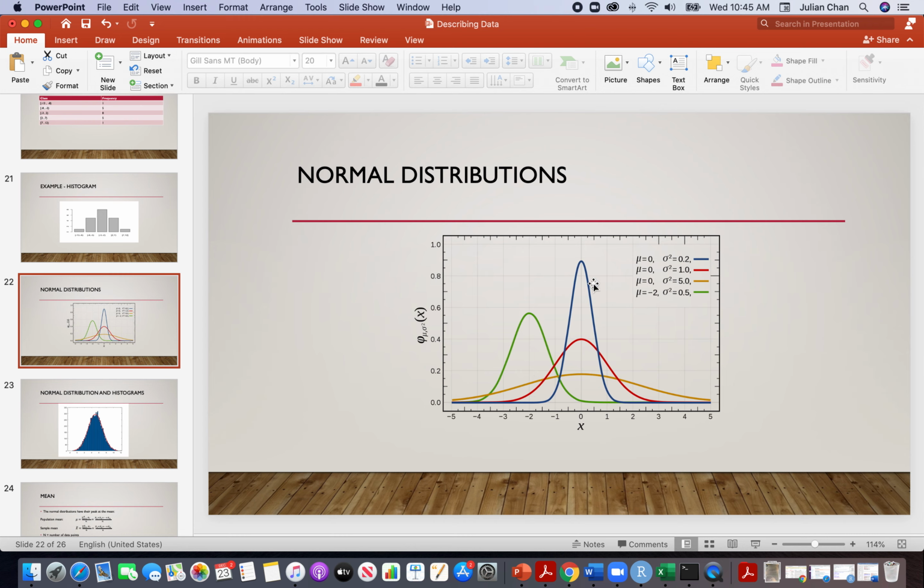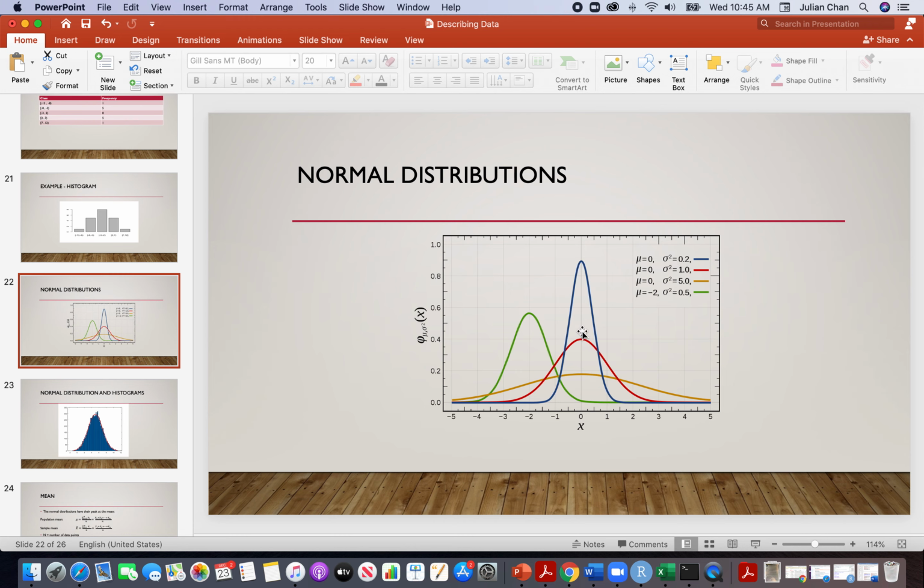Okay, and going back to these normal distributions that have a mean of 0, we can see that this one right here, this dark blue one, has the smallest standard deviation or standard error. That's the sigma squared. That's called the variance. It has the smallest one, so it has the tallest peak.